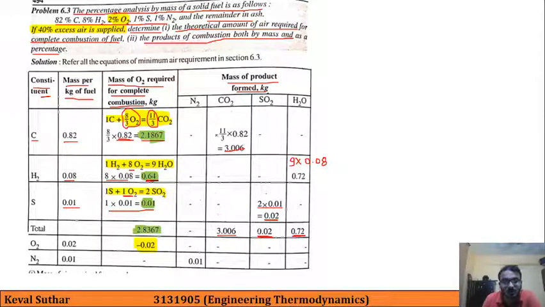Here N2 is 1%, that is counted over here. N2 is not generated through any process, it is already available in the solid fuel.